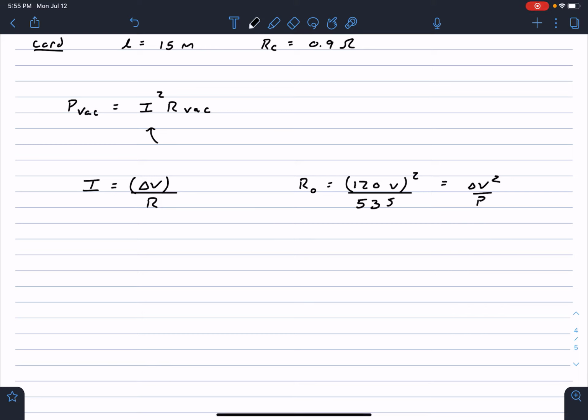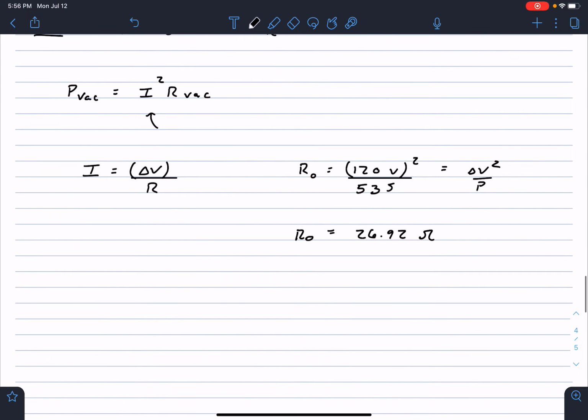The reason I squared this was a mistake because I was looking here. This is Ohm's law redefined in terms of power. So resistance is equal to change in the potential squared over power, right? And so using this, we can find an explicit value for the resistance of the vacuum cleaner, right? So R naught is equal to 26.92 ohms.